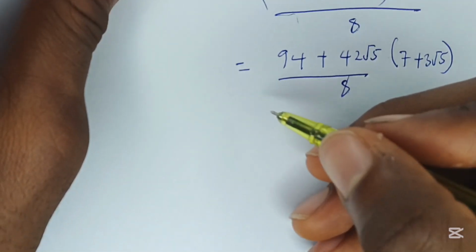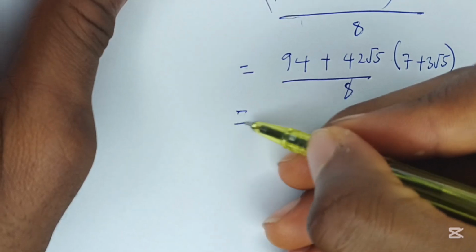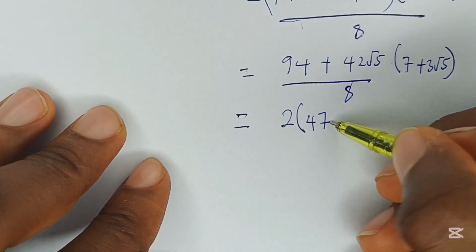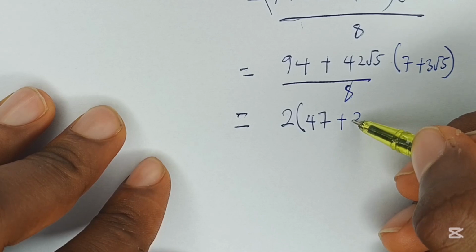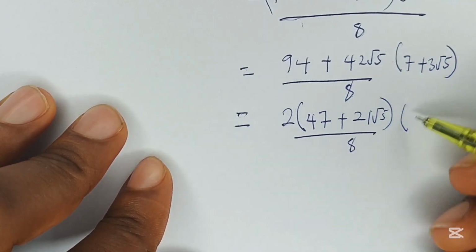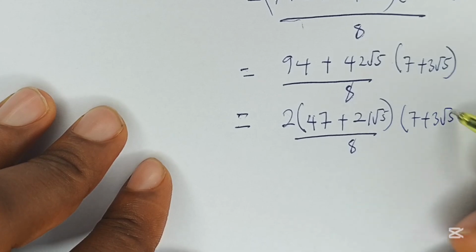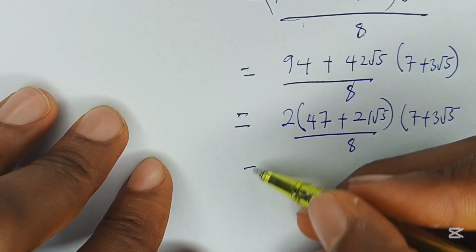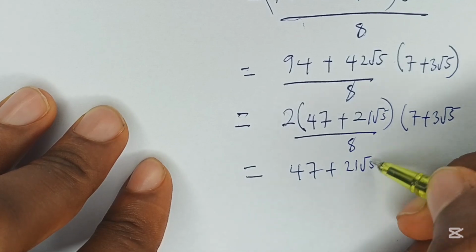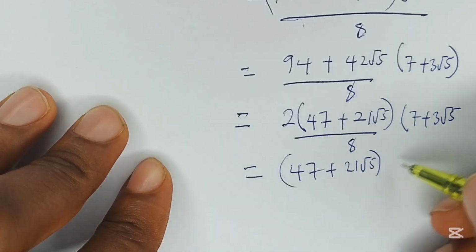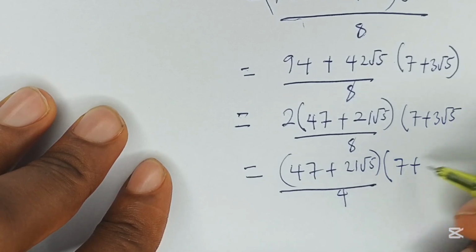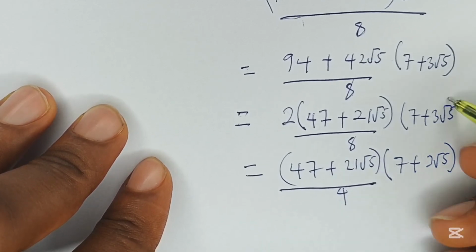And this becomes equal to 2 into (47 plus 21 root 5) all over 8 multiplied by (7 plus 3 root 5). This becomes equal to (47 plus 21 root 5) over 4 into (7 plus 3 root 5).